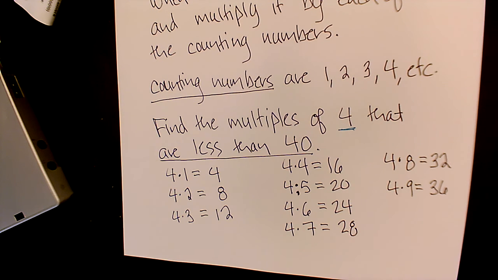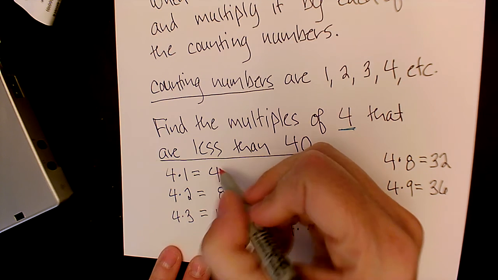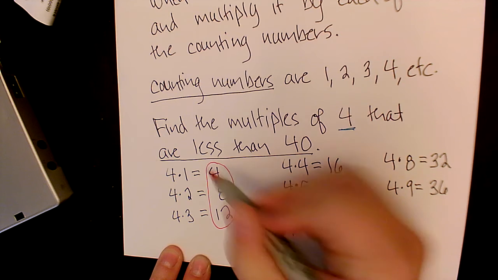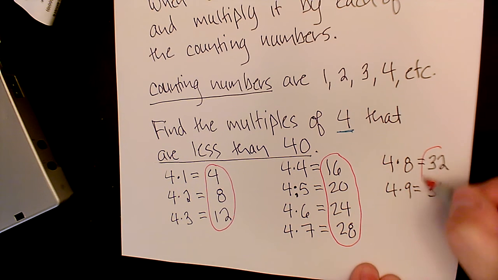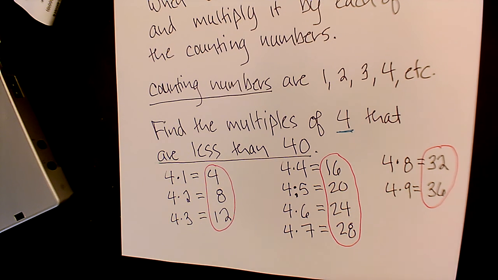Okay, so here are my multiples of 4, and I'll write them out in a list for you. That's easier to see. Here are all the multiples of 4 that are less than 40. We don't include 40 because we want all of them that are smaller than 40.